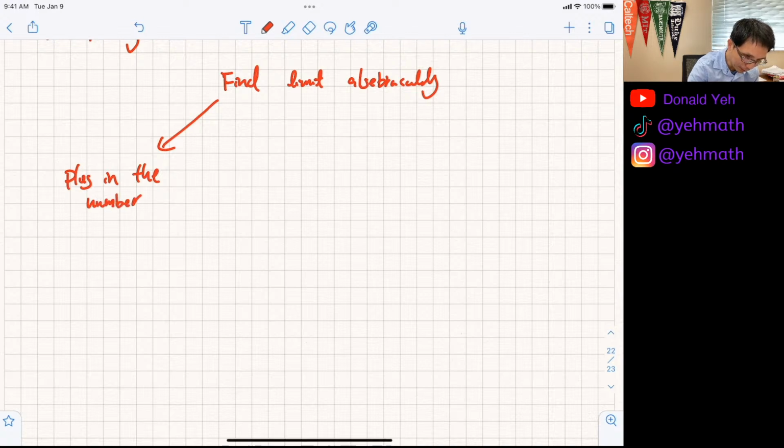If it says the limit as x approaches 3 of x plus 2, then it'd be 3 plus 2, that's equal to 5. And that's it, you're done.